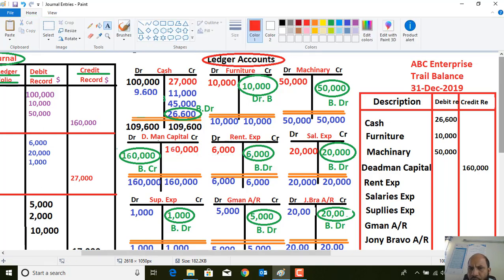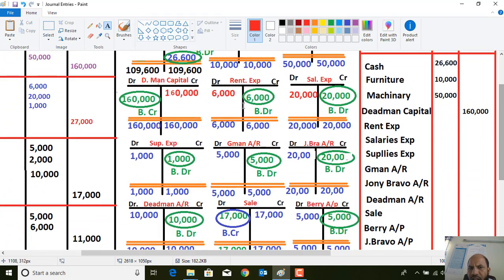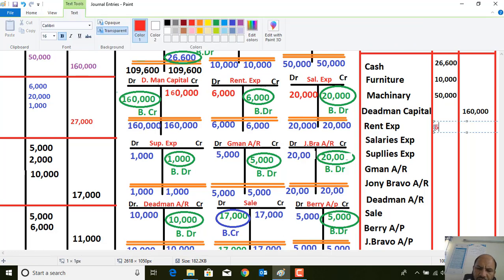Okay, now we will record the rent expenses. Rent expenses, we have 6,000 in the ledger, but we have mentioned over here that it is a balance of debit record. So we'll come to the debit column and we will write down 6,000 rupees at the debit side of the business. We have the salary expenses.